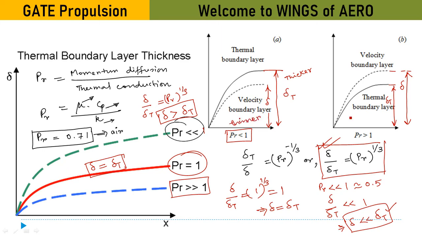And when the Prandtl number is equal to 1, both the laminar thickness and the thermal boundary layer thickness are going to coincide with each other. So this is a very important concept when it comes to thermal boundary layer thickness. I hope simultaneously you have noted down.